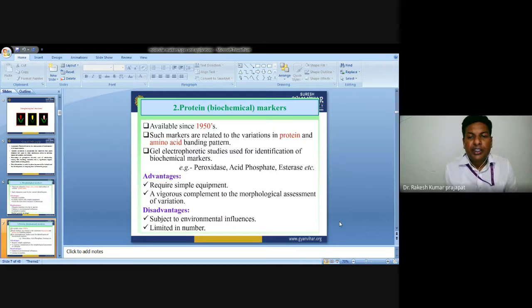Gel electrophoretic studies are used for the identification of biochemical markers like peroxidase, acid phosphatase, and esterase. All these act as protein molecular markers.